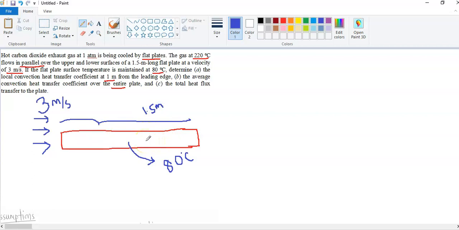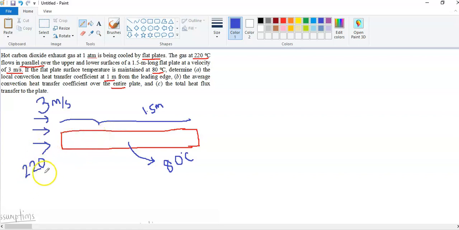Initially the gas is flowing at 220 degrees centigrade. That means the gas temperature is higher and the flat plate temperature is lower.